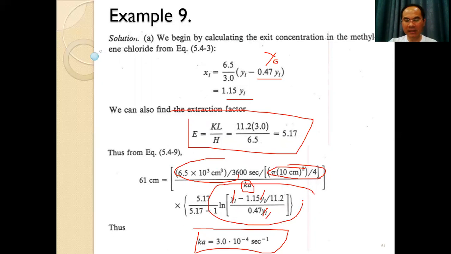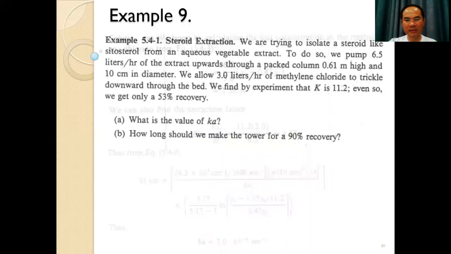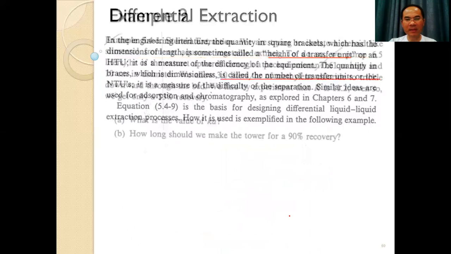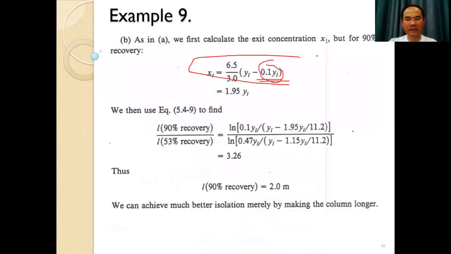Or you can calculate directly by substituting Ka. You substitute S over A, Ka, E, and YL minus XL over K Y0. You can substitute directly, or you can compare this term.